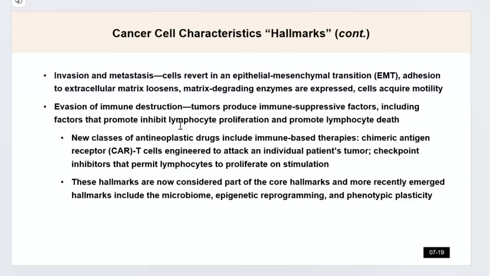The cancer cells can invade the tissues surrounding them and lead to metastases. So cells will revert in an epithelial mesenchymal transition, and you'll have adhesion to extracellular matrix loosen, the matrix degrading enzymes are expressed, and the cells now become motile or mobile.